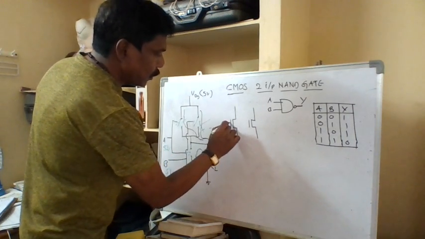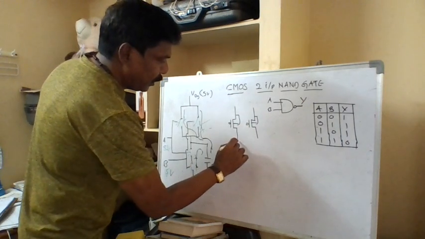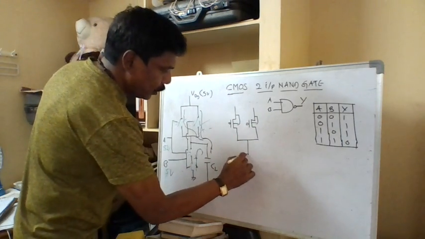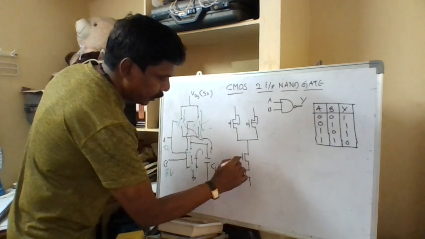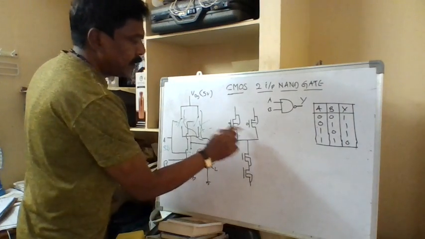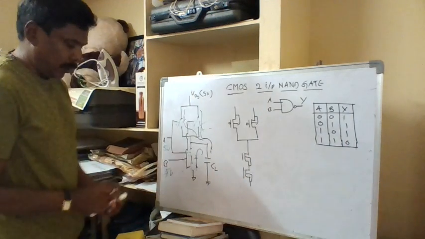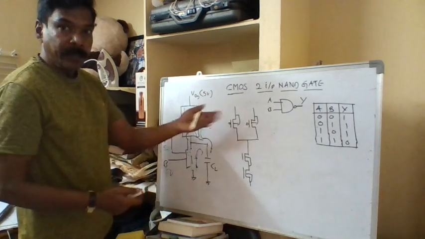Okay, so two PMOS transistors at the pull-up network and two NMOS transistors at the pull-down network. We can see that there's a bubble at the gate representing that the majority carriers are holes there. That means it is a PMOS transistor.